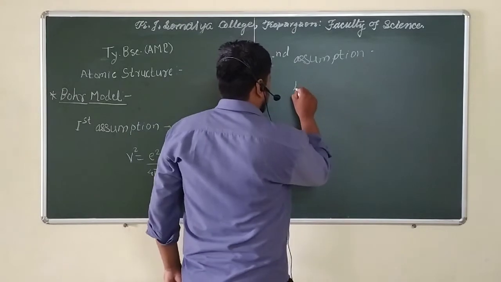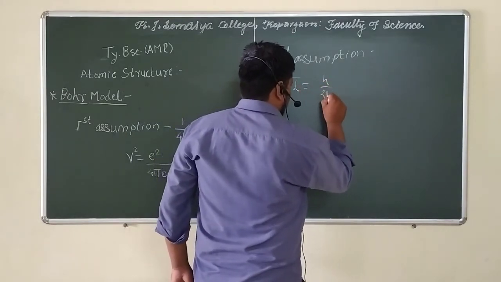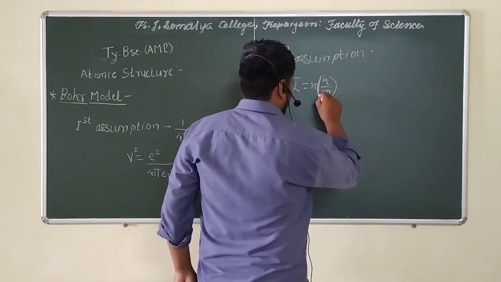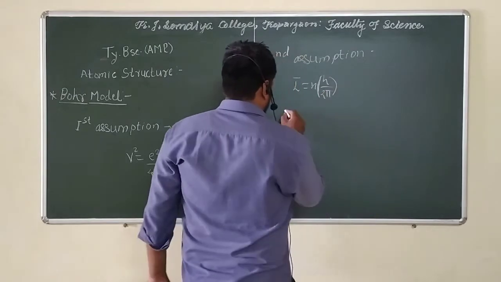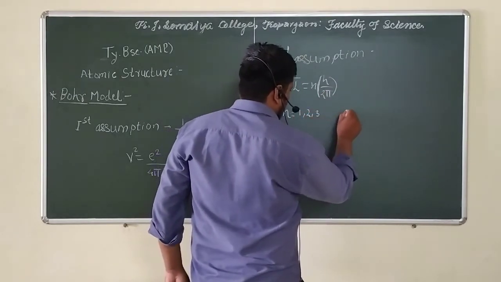This n is the principal quantum number that varies 1, 2, 3, and so on.